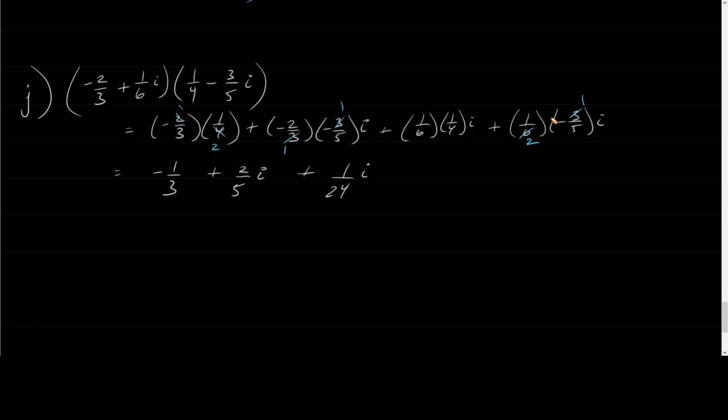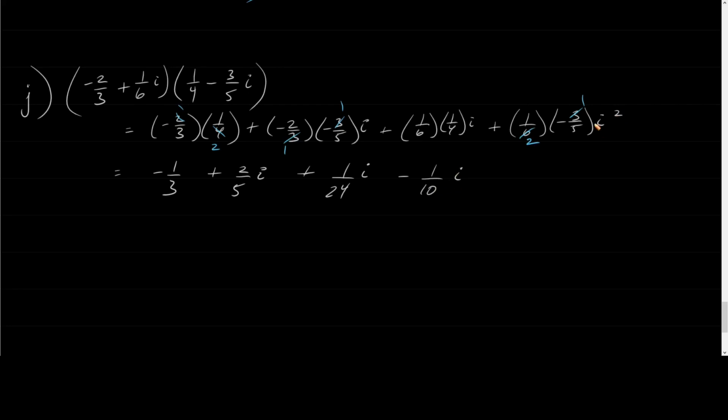And lastly over here, positive times a negative is going to be negative, and then 2 times 5 is 10, so negative 1/10 i. And that's supposed to be i squared. Look at that. i times i should be i squared. And then i squared, we want that there.